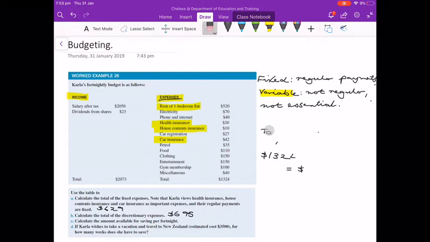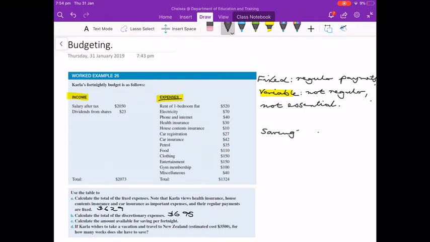So we're now going to look at her savings. How we get her savings is we use her income and we subtract that by her expenses. And remember, this table is already in fortnight form.